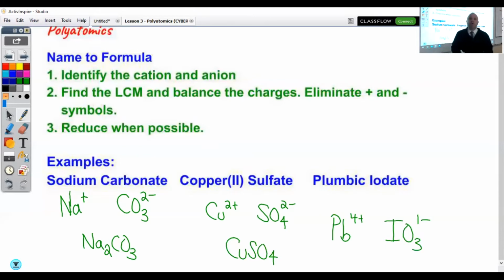In order to get these charges to cancel, I'm going to need 4 copies of the iodate ion in order to cancel out the +4 charge that I have on my lead. Because we need multiple copies of the iodate ion, we have to put that inside of parentheses. Anytime that you need more than one of a polyatomic ion, that must be enclosed in parentheses.